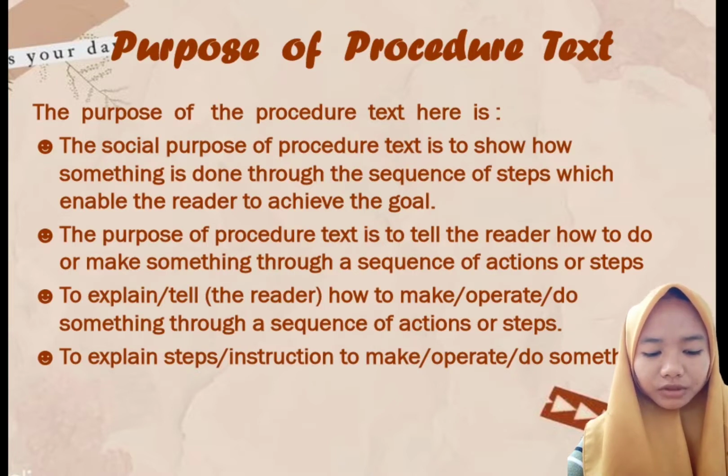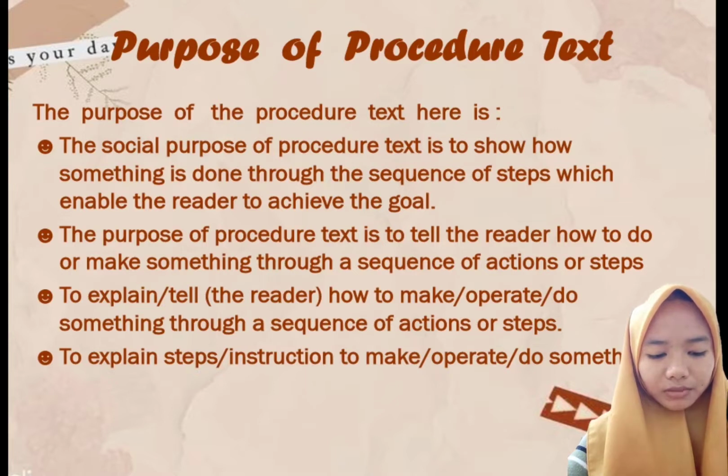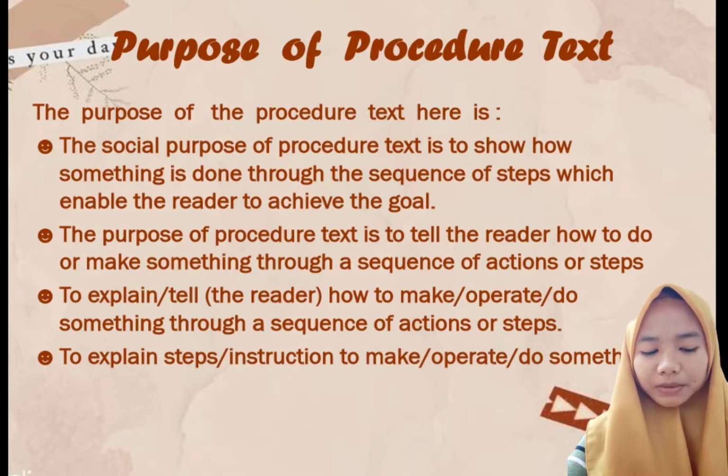The purpose of procedure text is to tell the reader how to do or make something through a sequence of actions or steps. 3. To explain or tell the reader how to make or operate or do something through a sequence of actions or steps. 4. To explain steps or instructions to make or operate or do something.